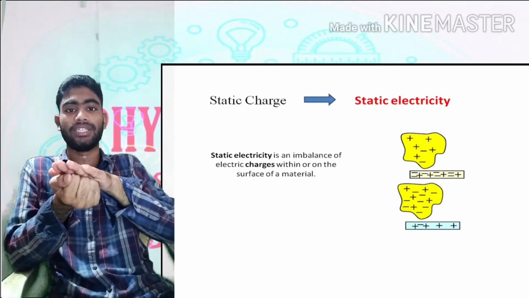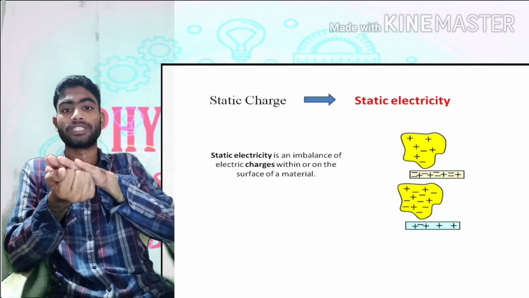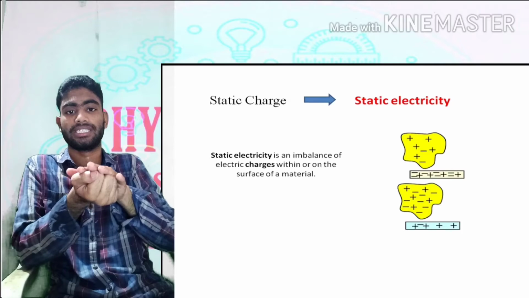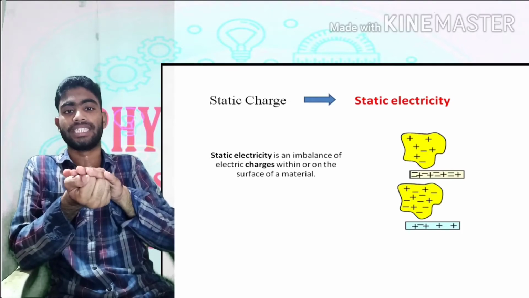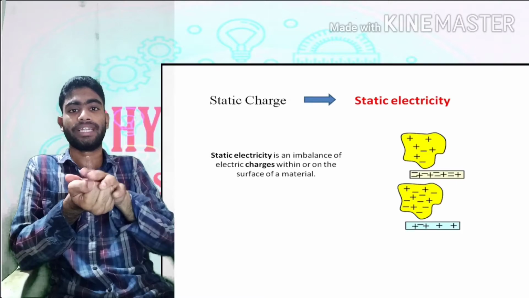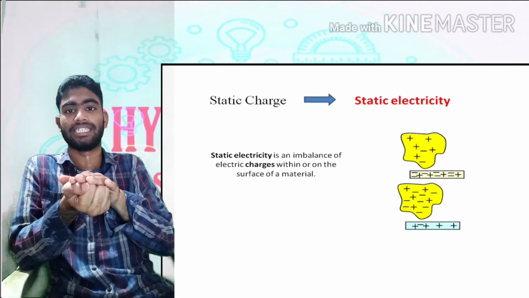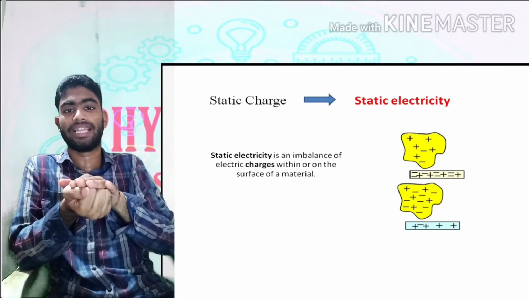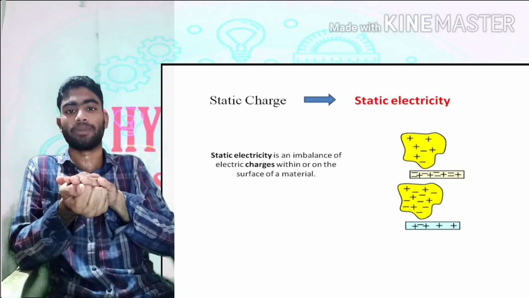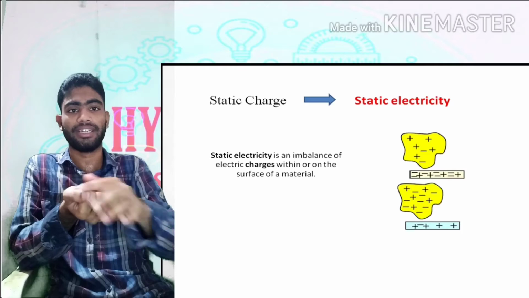Charge is always present on the surface of the material, not inside it. Just remember this. That's why I present here that static electricity is an imbalance of the electric charge present on the surface of a material. Understand?